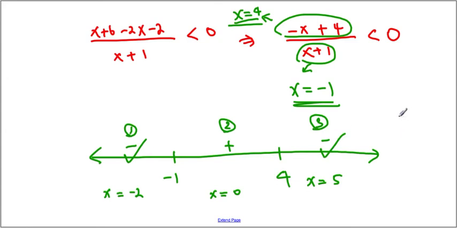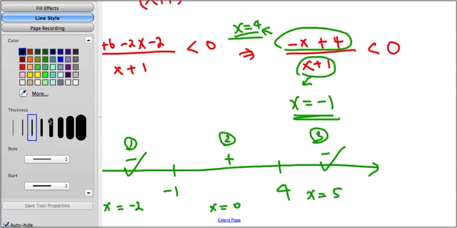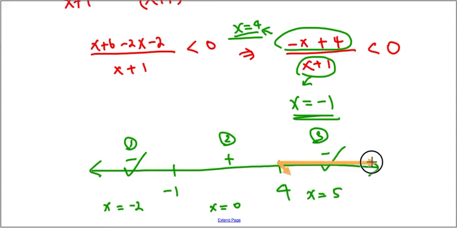That also works out. So our answer becomes something greater than 4 and something less than negative 1, with open circles at both ends because we don't have the underline.